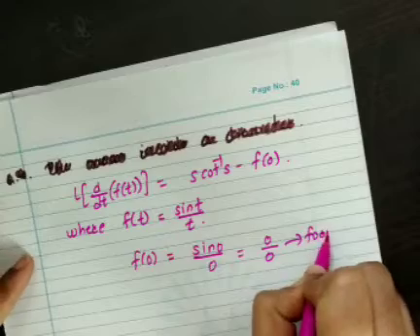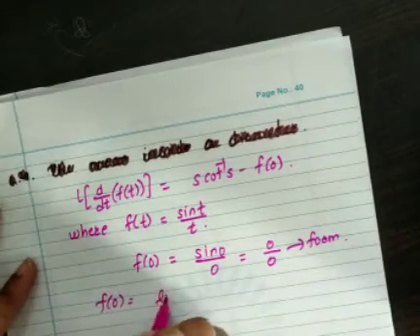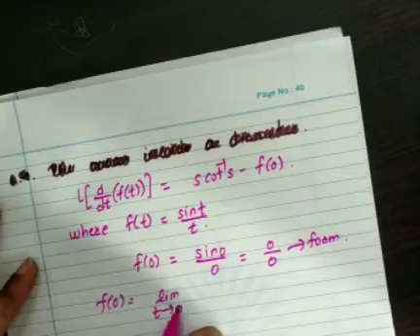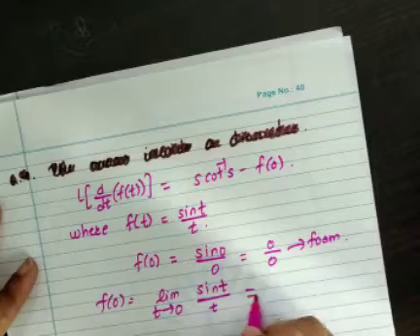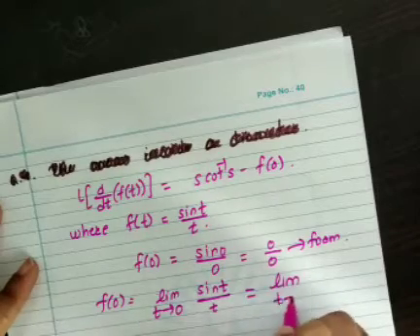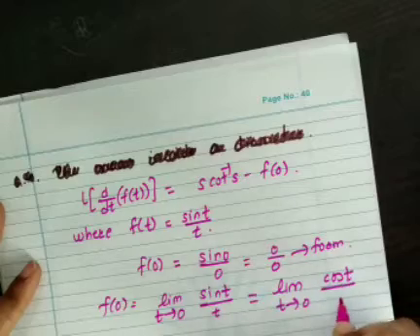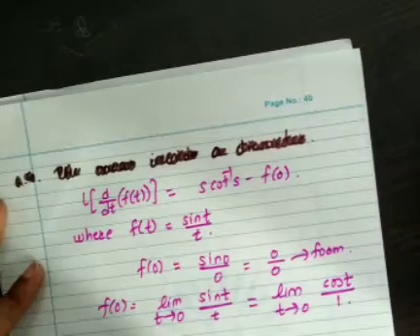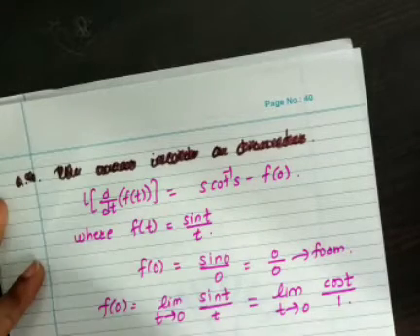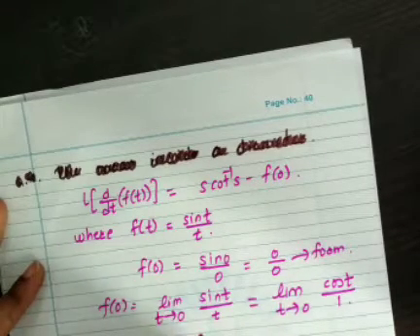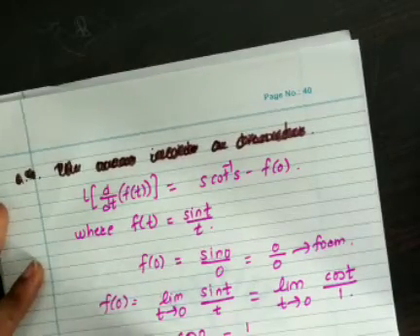So we have to use L'Hospital's rule: f(0) is the limit as t tends to 0 of sin t upon t, equal to the limit as t tends to 0 of the derivative. The derivative of sin t is cos t and the derivative of t is 1. Now we apply the limit, we get cos 0 upon 1, that is 1. So the value of f(0) here is 1.